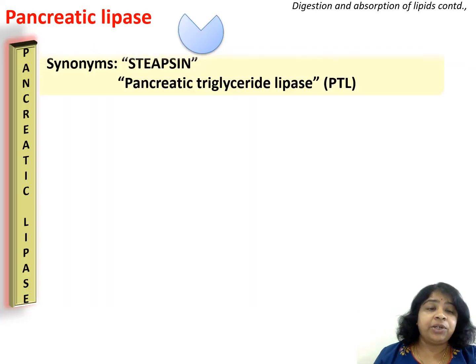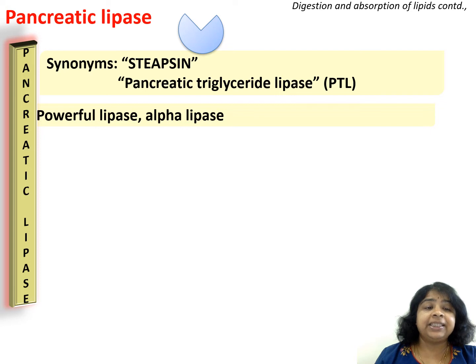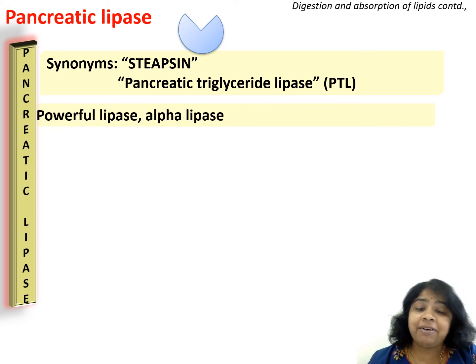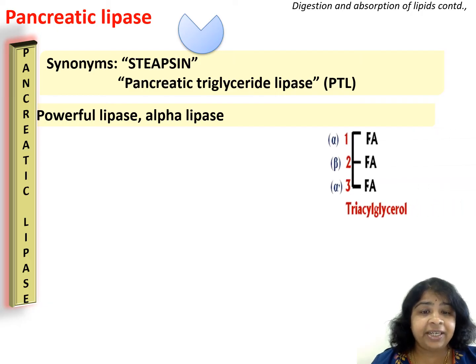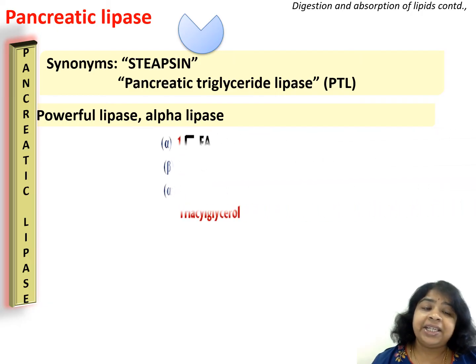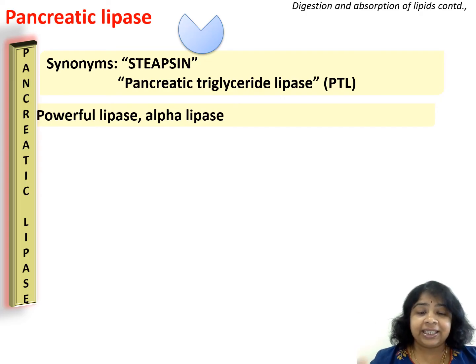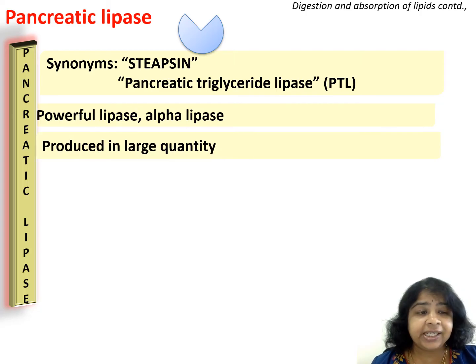So coming to action of pancreatic lipase, this is a more powerful lipase than the acid lipases that we have seen. And action of lipase is the same as we have seen previously, that is hydrolysis and release of free fatty acids and glycerol ultimately. And this also requires an isomerase because it cannot act at position C2.